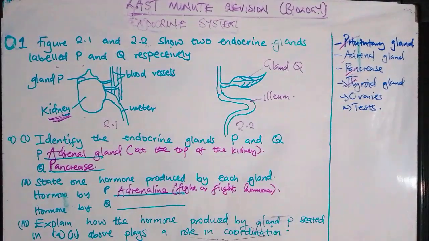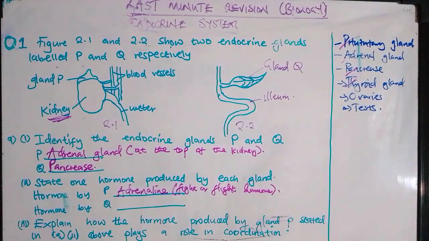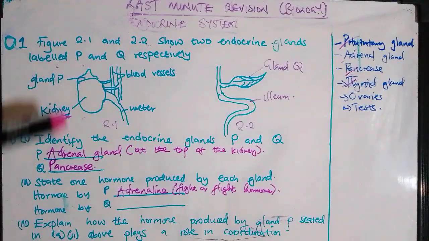This is the hormone which is responsible for getting you into fights when you are hungry, for making you run when you see something scary. This is the hormone, adrenaline, produced by the adrenal gland, located at the top of the kidney. This is what you need to remember on the adrenal gland.